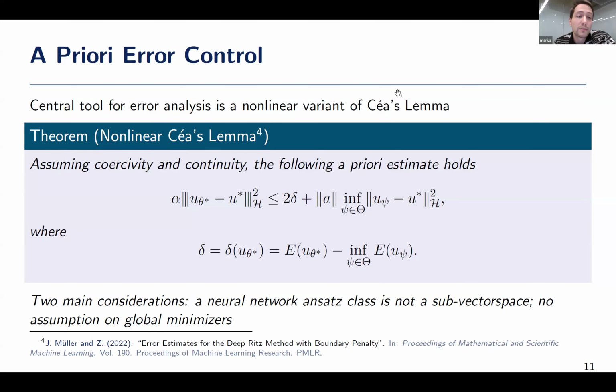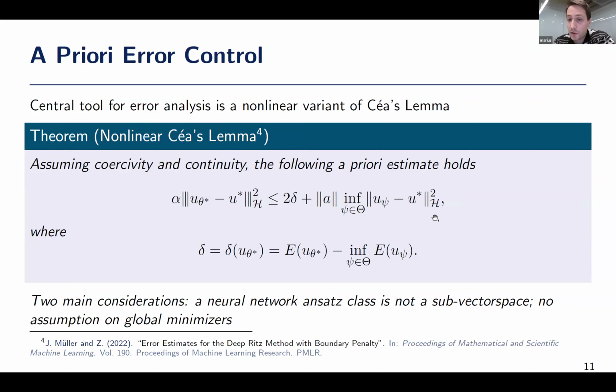And then we also have an a priori error control. Now we assume that the form A is both coercive and continuous. Then we can estimate, again, this is the error, this is what we're caring about. We can estimate that as a sum of two contributions. Let's look at both terms.